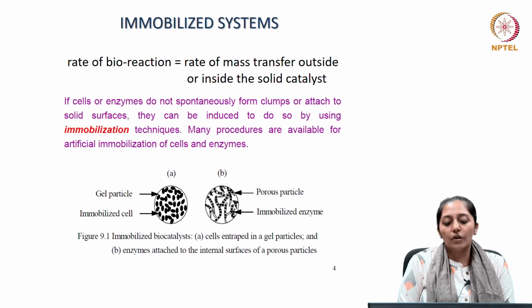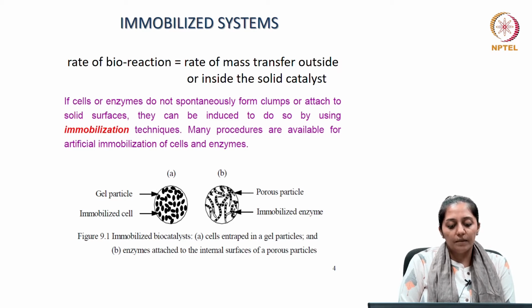Now if cells or enzymes do not spontaneously form clumps or attach to a solid surface, they can be induced to do so by using immobilization techniques. Many procedures for artificial immobilization of cells and enzymes are available. Let us take an example as shown in the figure on the slide.